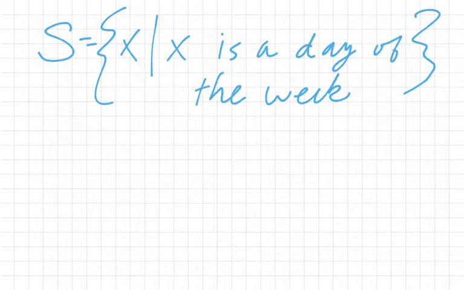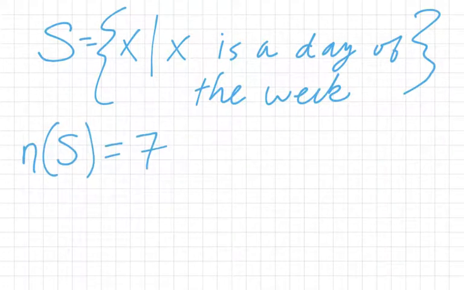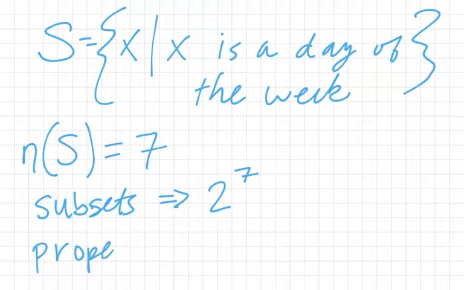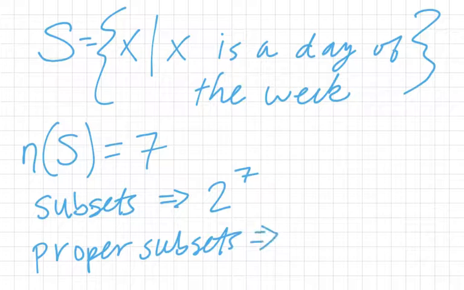So if S is a set containing the elements X such that X is a day of the week, well, we have 7 days of the week, so the cardinal number of the set is 7. Then the number of subsets is going to be 2 to the 7th, and the number of proper subsets is going to be 2 to the 7th minus 1.